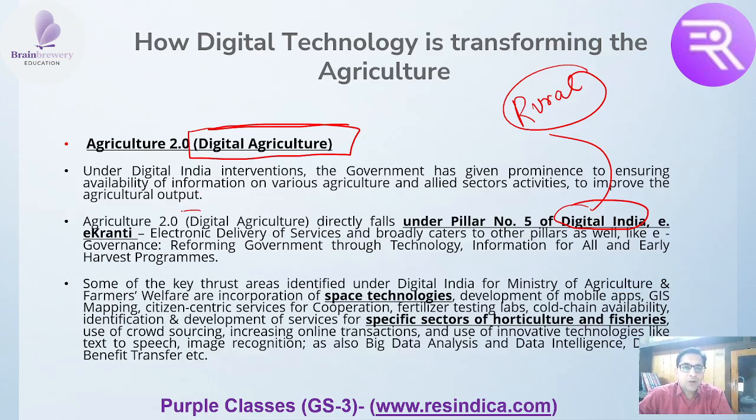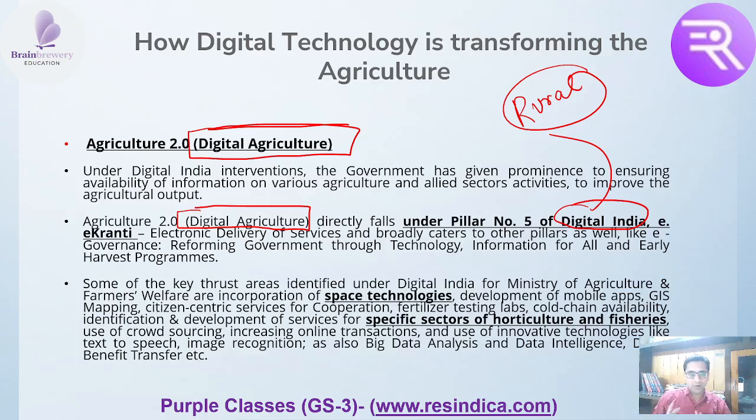We wanted to make our agriculture a digital agriculture system. Under the Digital India plan and e-Kranti, the government wants to make sure that all the information related to agriculture is available. Every farmer, whether small, medium or large scale, should get it in the palm of their hand, and should get all the programs and schemes of the government properly understood.